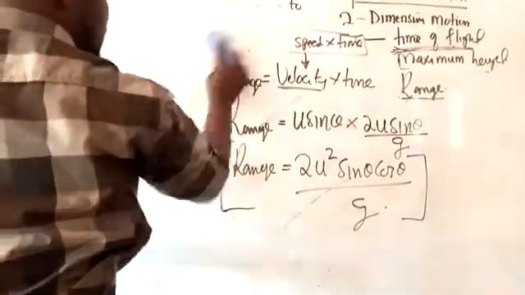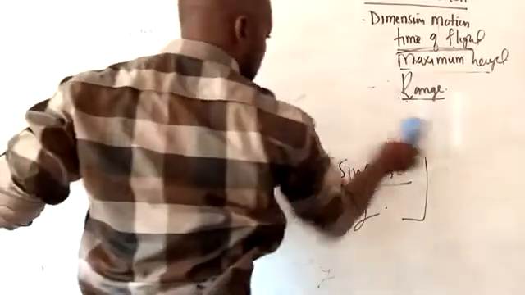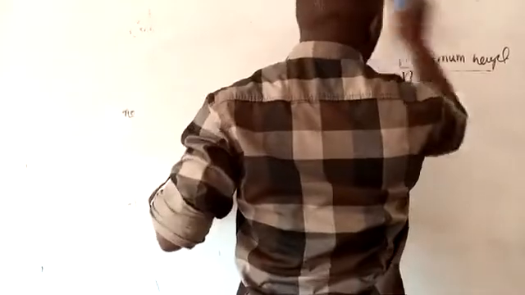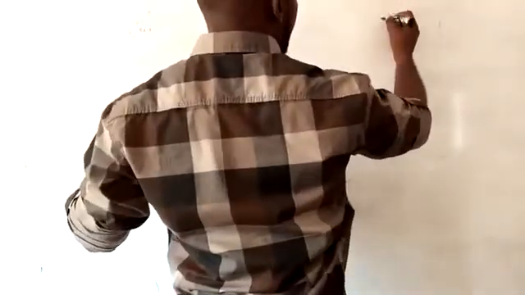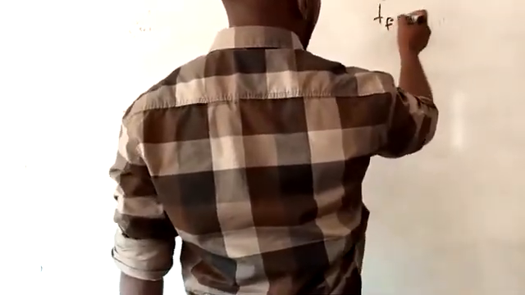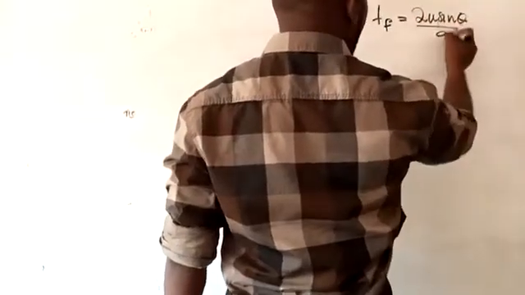Let's look at the question, and I'm going to put the equations on the board for you to refer to them as we go. Okay. So I'll put them this side. So we have time tf, which is 2u sine theta over g.